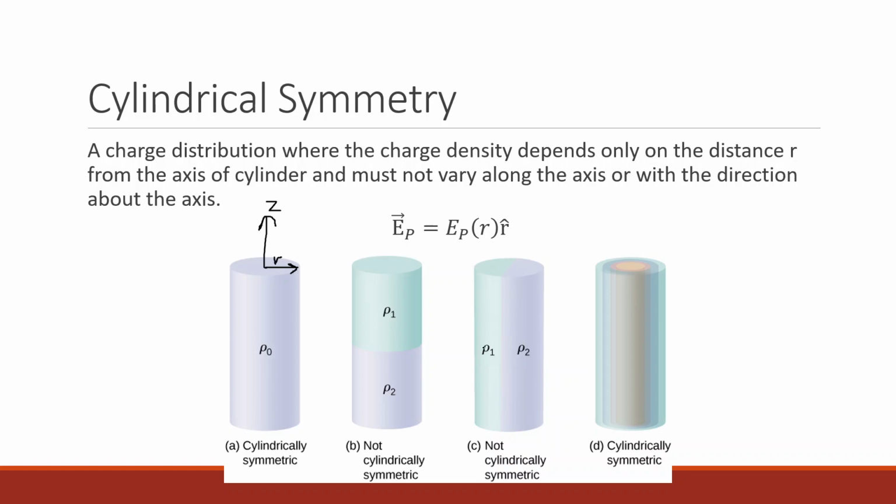So it is, again, not varying cylindrically, I guess we could say. So this one here, D, is cylindrically symmetric because it does vary like so, okay? But this one is not symmetrically varying. Okay, I hope that makes sense.